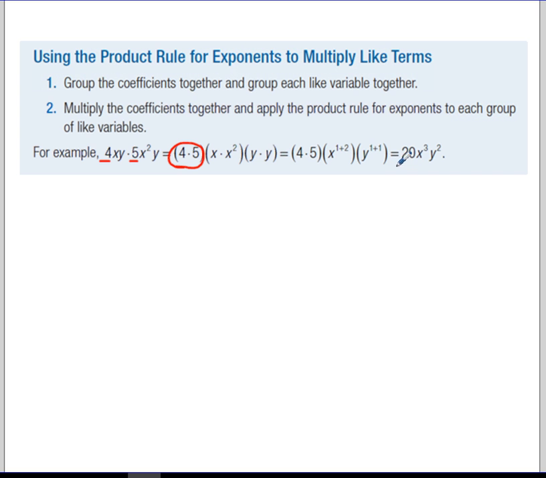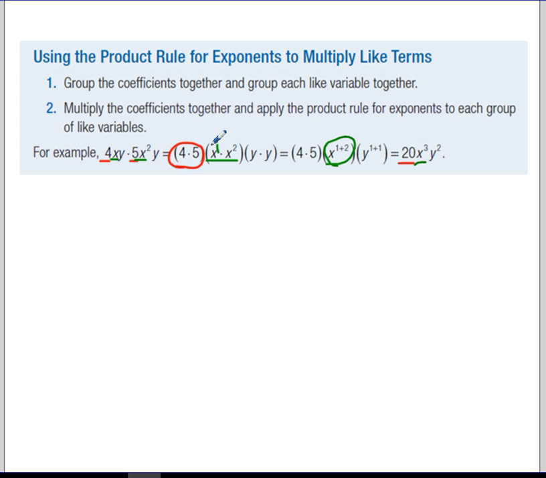4 times 5 is 20. And then we add our rule of exponents. So we have a single x here, and we have x squared there. So we're going to multiply those two. And they're showing us here that we have an invisible 1, and x is understood to be x to the 1st power. So 1 plus 2 gives us the 3rd power, or cubed, for our x's.